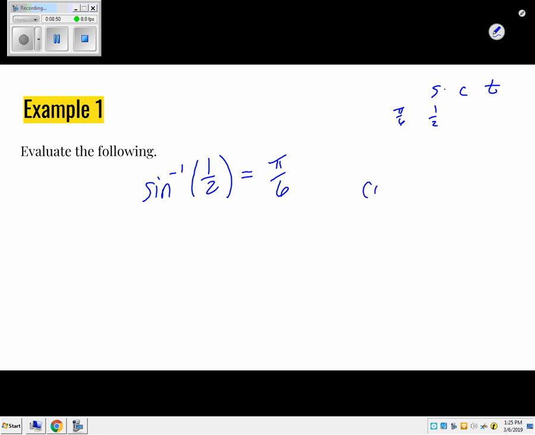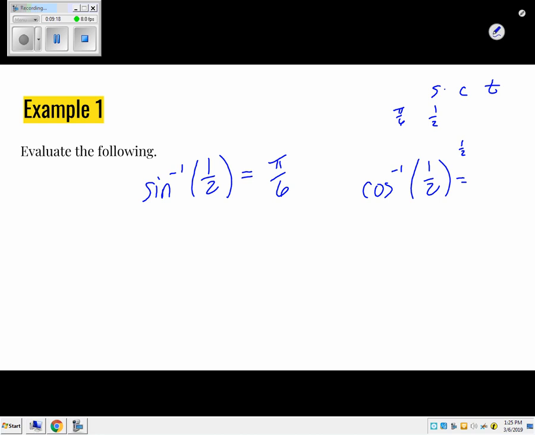Yeah, let's do that one. Cosine inverse of 1/2. Negative pi over 3? Pi over 3? 5 pi over 6? Is it positive or negative?